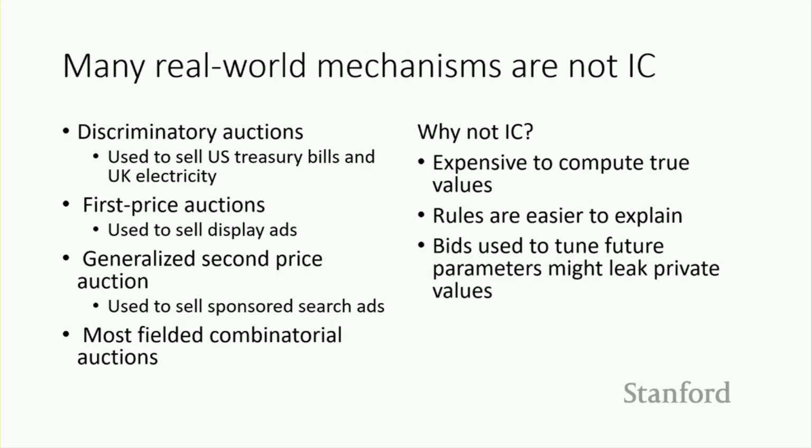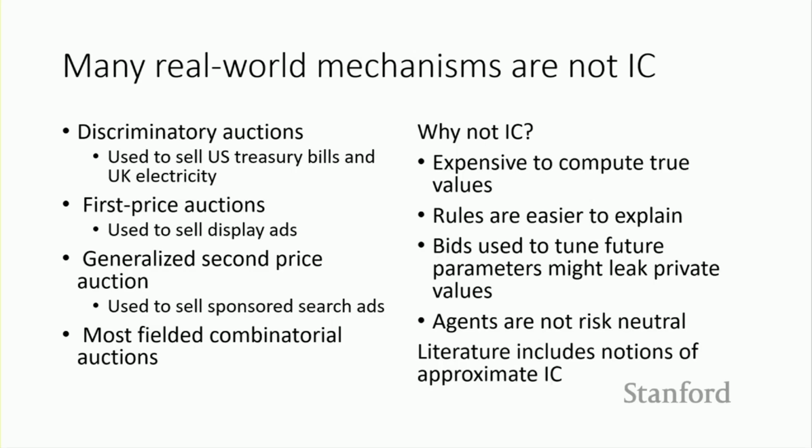There might be some leakage between the bidding process and the auction mechanism. For instance, using bids to tune future parameters of how you might bid in the future will often change things, depending on exactly how the mechanism is designed. Or agents are not risk neutral, and so that invalidates the assumptions that we're making about agents participating in the mechanism.